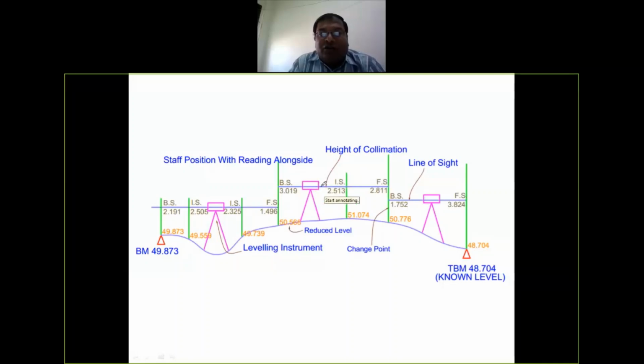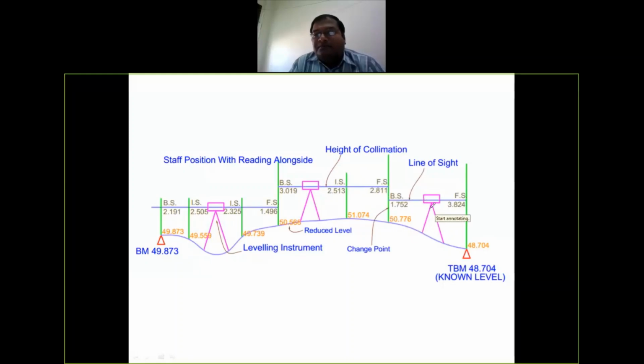And once you get the new height of the instrument, you have to deduct your IS value 2.513, you will get the RL of this particular point, 51.074. Same way, for this point, you have to deduct the foresight value 2.811 from your new height of the instrument, and you will get the RL of this particular point.